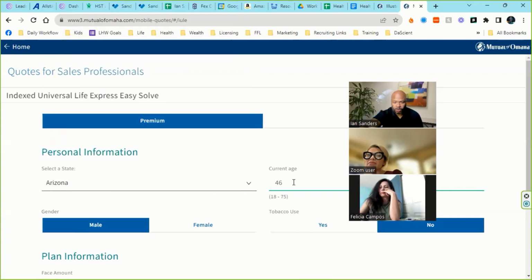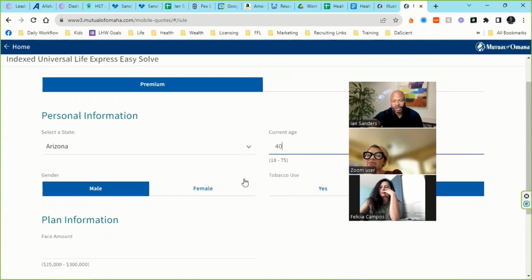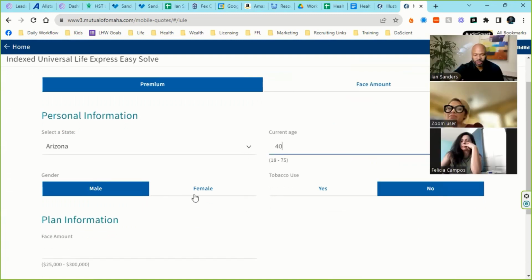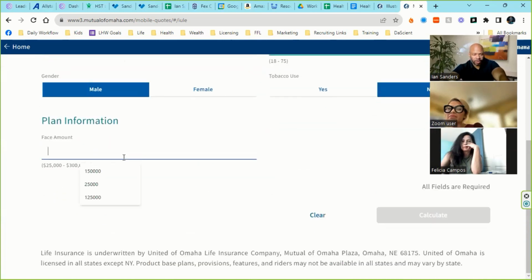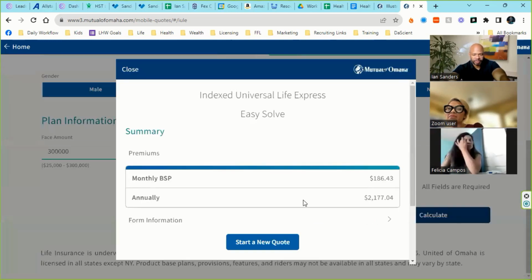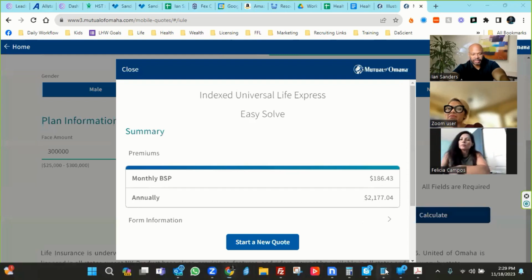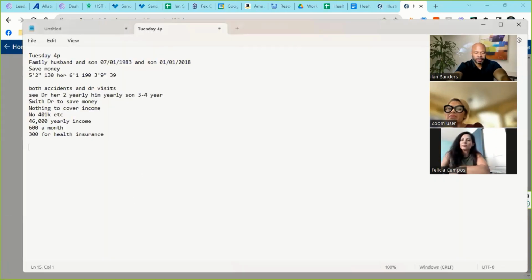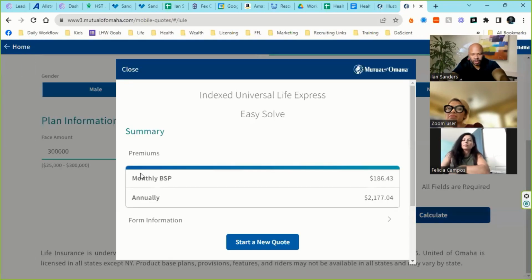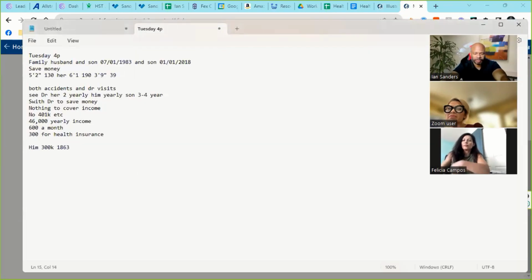All right, so make it easy. I'm glad that they're the same age here, because then I can just do one for male, one for female. What I typically will do first is look at what the max is and just jot it down. So for him, 300,000 is going to be 186.43.